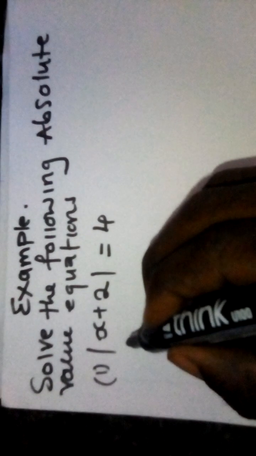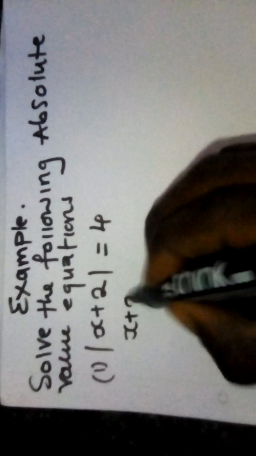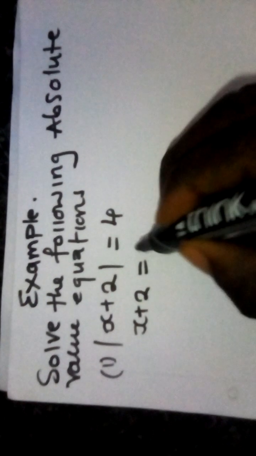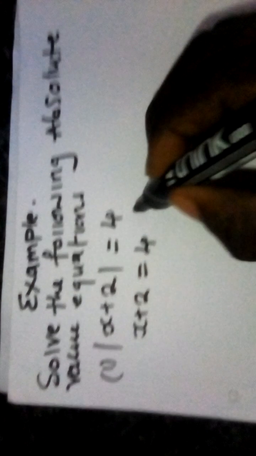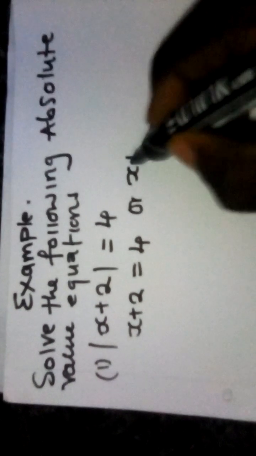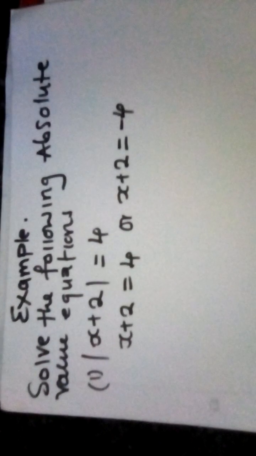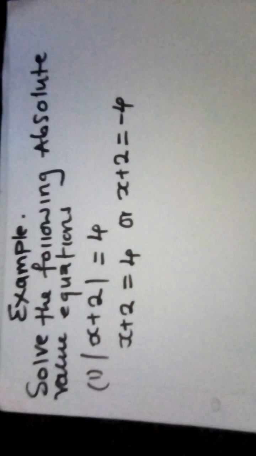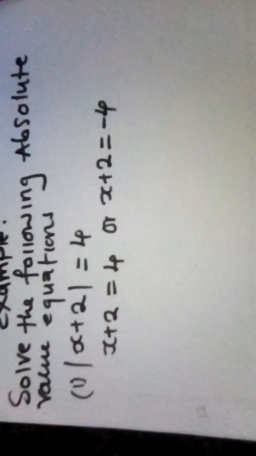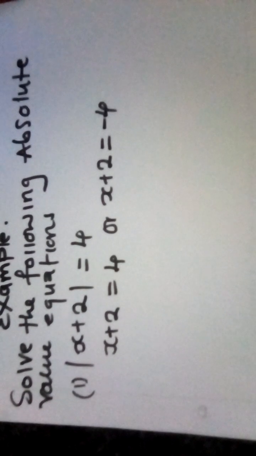The first one, x plus 2 is equal to 4, or x plus 2 is equal to negative 4. Now our job here is just to work out the value of x.